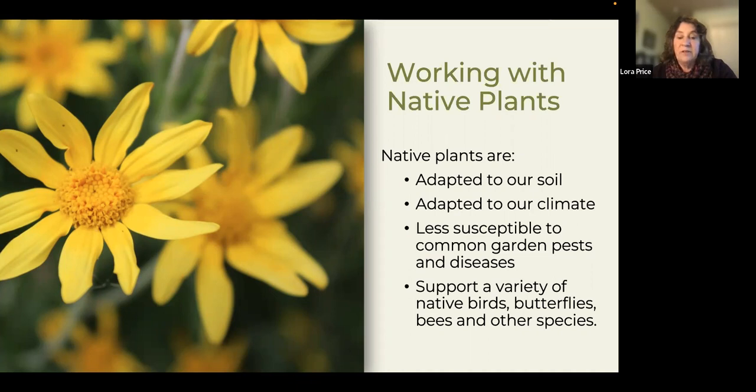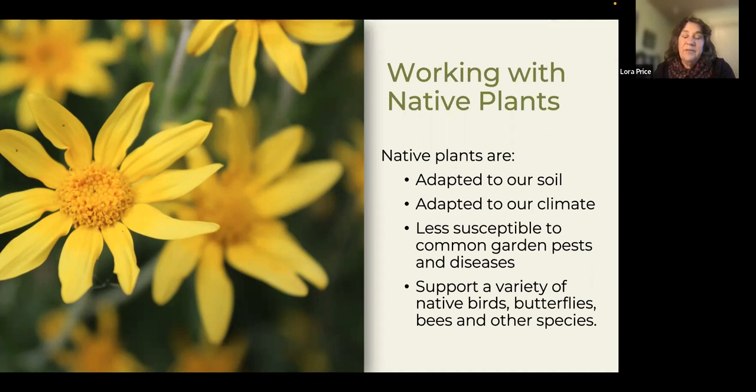The larvae feed on the leaves. And so we're paying more attention to having plants that are host to the caterpillars. If you want butterflies and bees, you need to be thinking of all of the caterpillars.